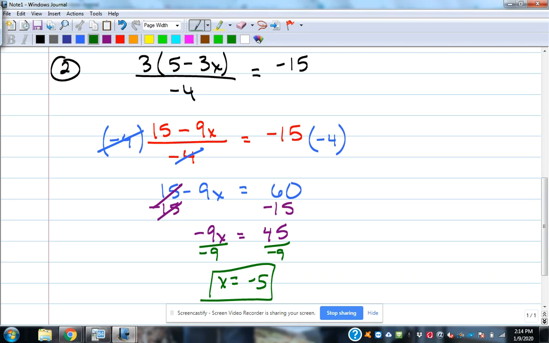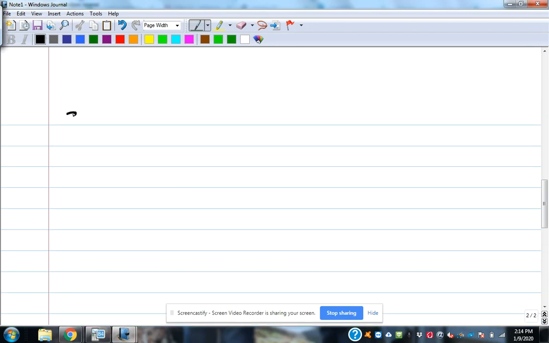How can I check to make sure that's the right answer? Put it back in for x in the original problem. Make sure it works out to be the same thing. Okay, and it does for this one. That is the right answer. Good job. All right. That's 2 parentheses 2 minus 7x minus 5 is equal to 111.